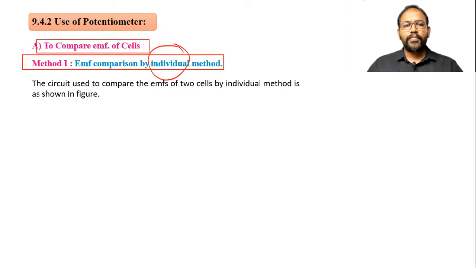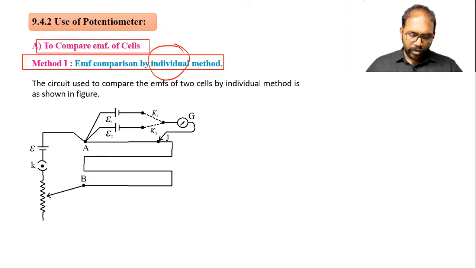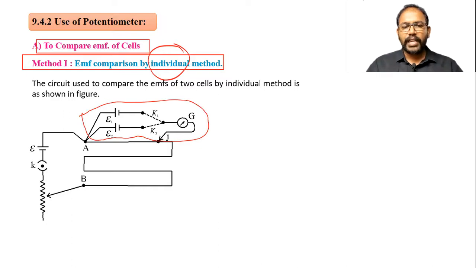You can see here the circuit diagram as shown below. Whenever you are drawing the diagram, remember this part is different. Except for the highlighted part, everything is common for the next 2 articles.